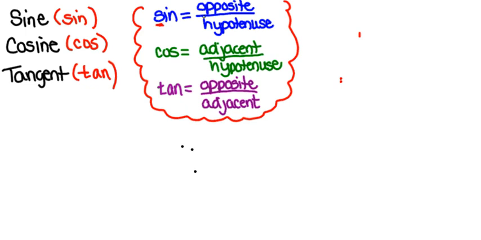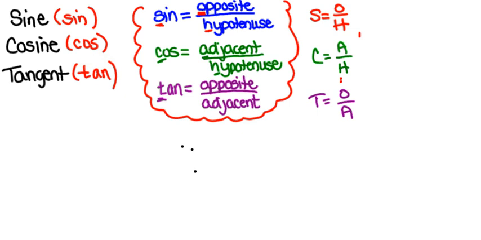So they'll say sine is the opposite over the hypotenuse. Cosine is the adjacent over the hypotenuse. Tangent equals the opposite over the adjacent.